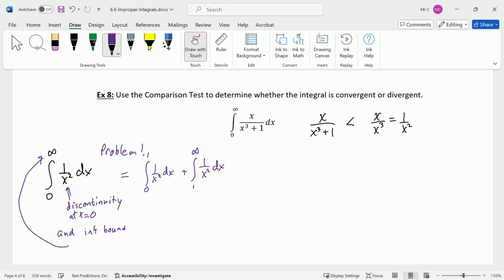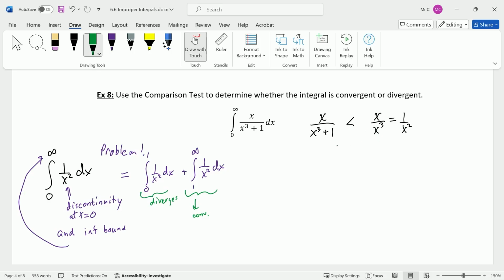But then I end up with something very contradictory, and I'm going to have to show this rigorously. I'm just showing you the thought process ahead of time. I would find that this integral converges, but this one diverges. And so I would say that the whole integral from 0 to infinity diverges, but that doesn't help me and doesn't match up with this inequality I found.